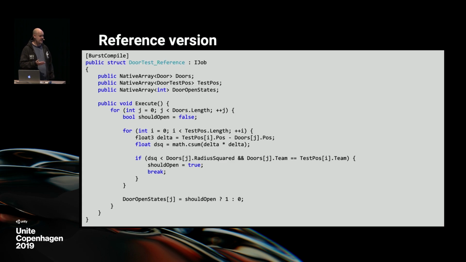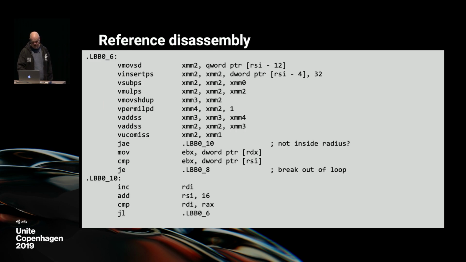There are two nested loops, which is why it's an n-squared complexity problem. So you have your doors, we're looping through them, and for each door we loop through all the test positions to see, is anyone in front? And the thing I want to call out here is that there's an early out in the loop, right? As soon as we find someone in front of the door, we break out of the loop. And finally, we write the results to some array.